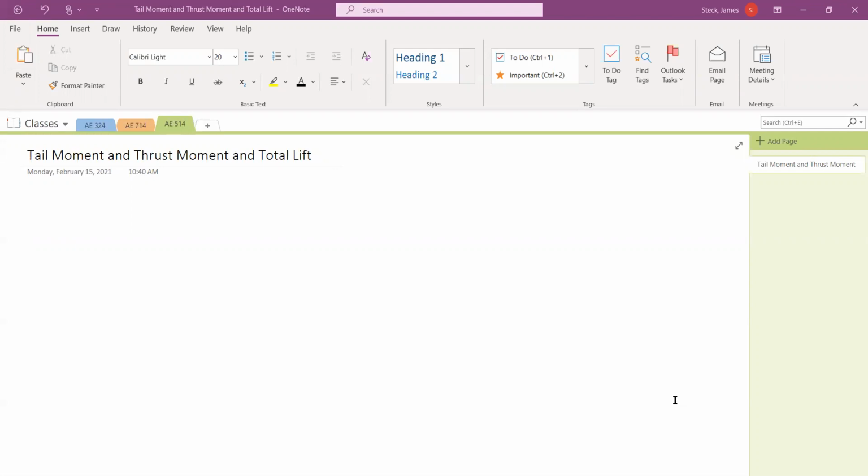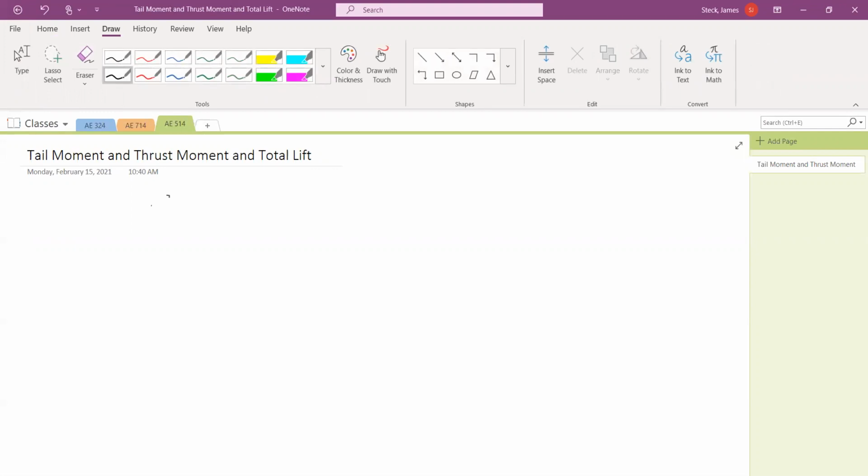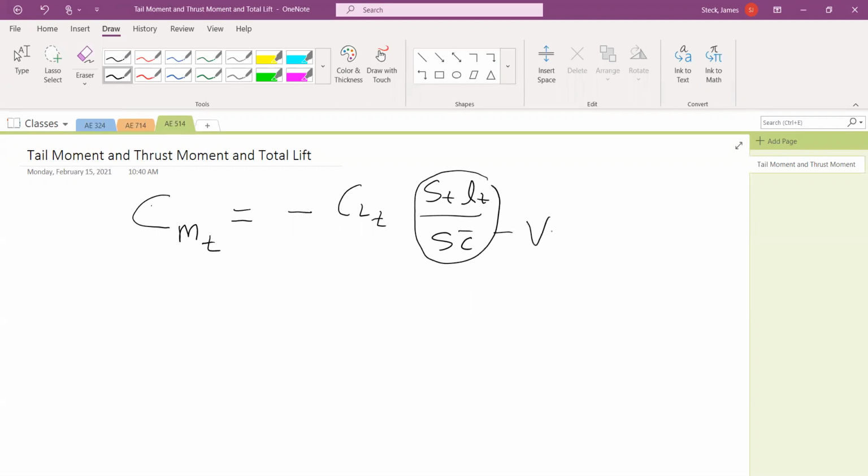Where we left off, we had this formula. So this is the moment arm times the lift, so it's force times moment arm, and then we called this VH, the horizontal tail volume ratio.